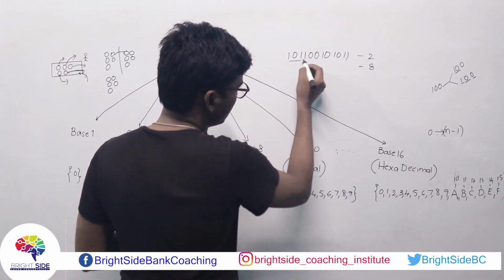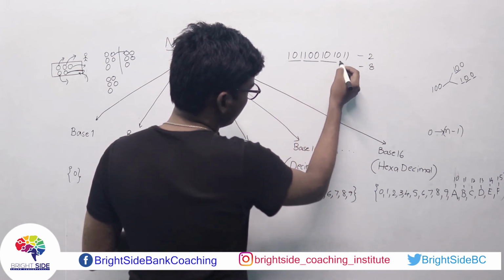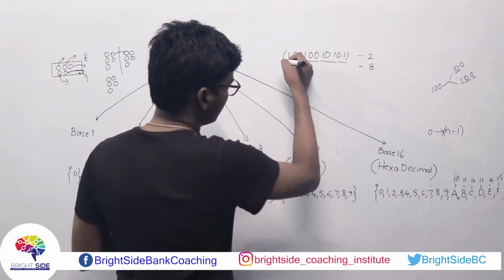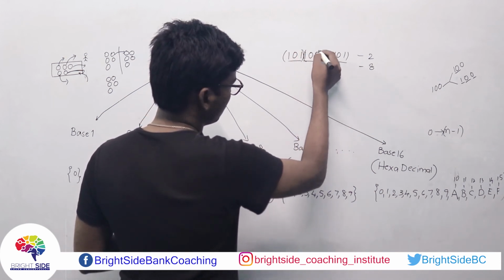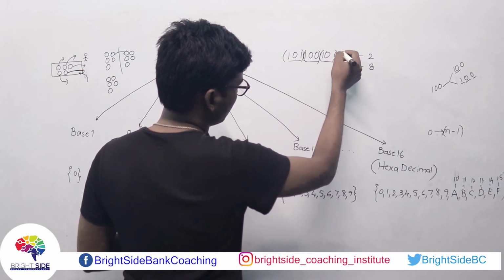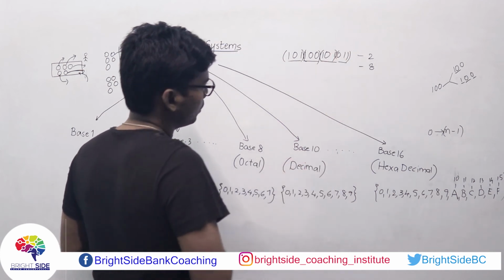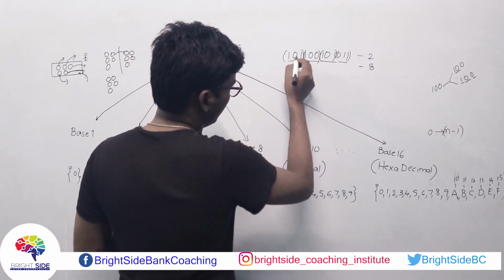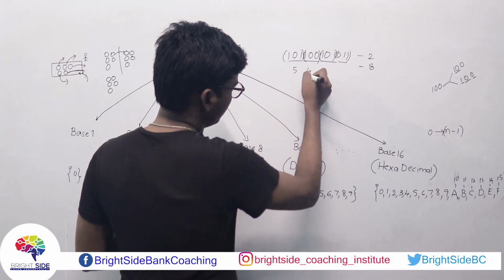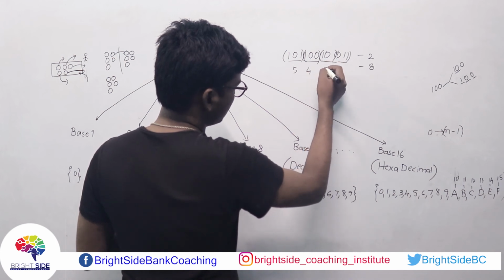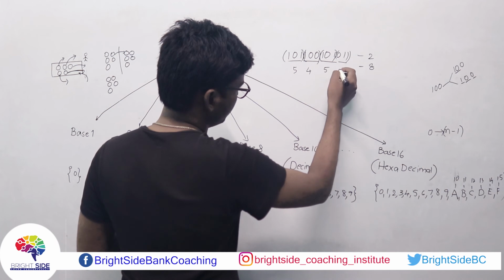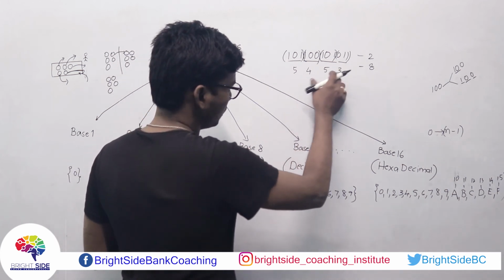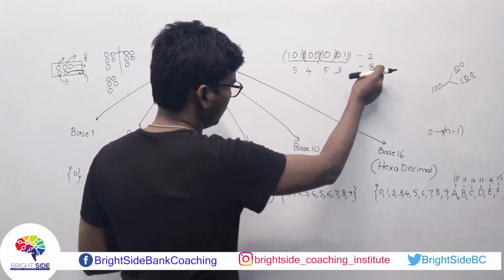Just group 3 digits at a time, and that will be the number in octal. So 101 is 5, 100 is 4, 101 is 5, and 011 is 3. 5453 is the number representing the same number in octal.